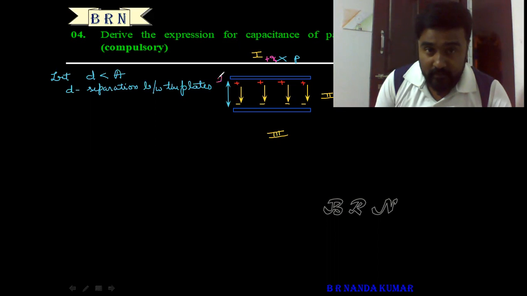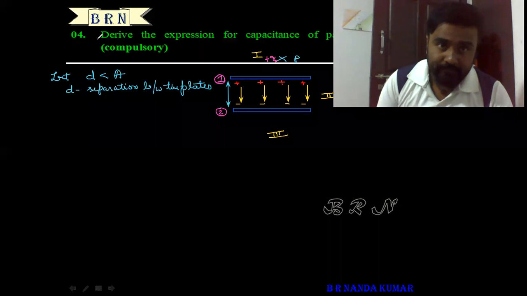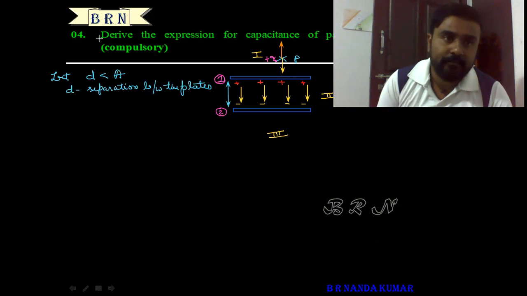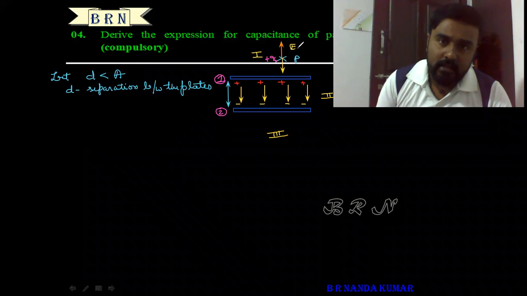Due to sheet 1, positively charged, plus Q0 will experience a repulsive force. Due to sheet 2, plus Q0 will experience an attractive force. This is E1 vector, this is E2 vector.